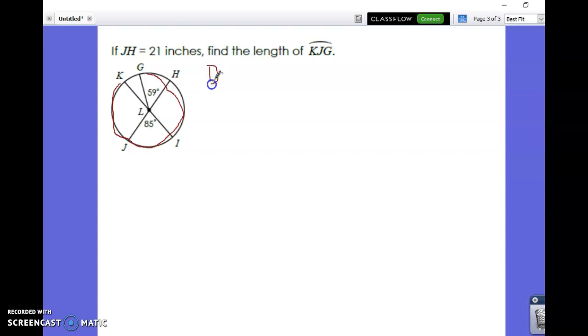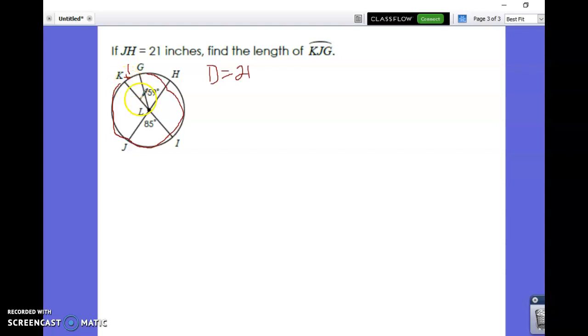So in that case we're just going to use pi d for the circumference of the circle. Since they want practically the full circle, all we have to do now is find what this piece is and then subtract that from 360.